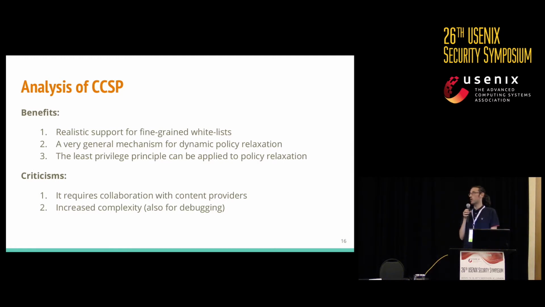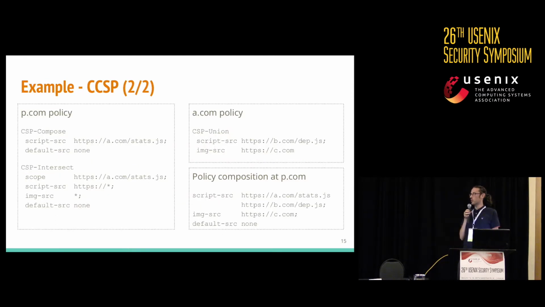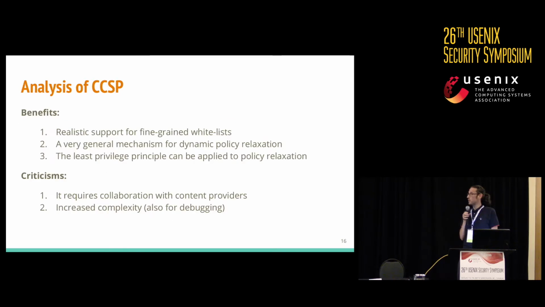And in particular, this allows you to support nicely HTTP redirects and advertisement, which typically loads also other stuff. And the last benefit is that since we have this scope information inside the CSP intersect header, what you end up having is that the principle of least privilege can be applied to policy relaxation, because I can specify different upper bounds for policy relaxation for different scripts.